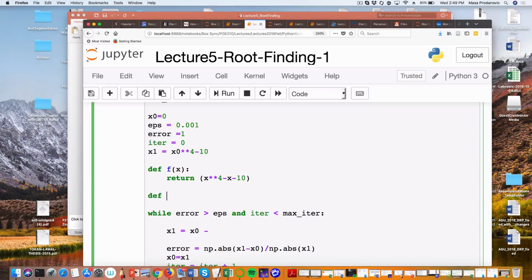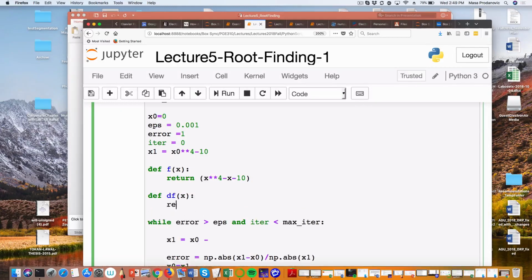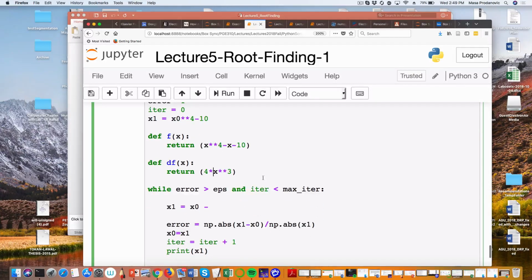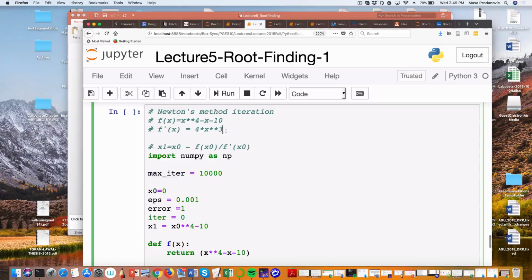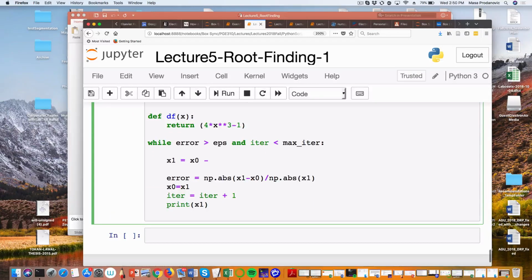And I'm going to call the derivative df of x. It's 4 times x cubed. Is there a minus 1? Yes, there is. That would be divergence right there. So basically when I program it, I just do x0 minus f of x0 divided by df of x0.